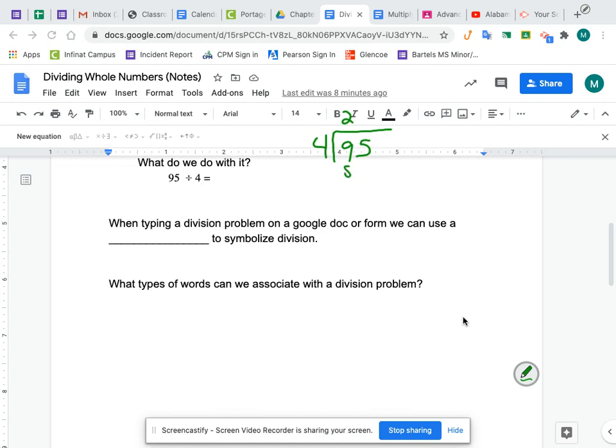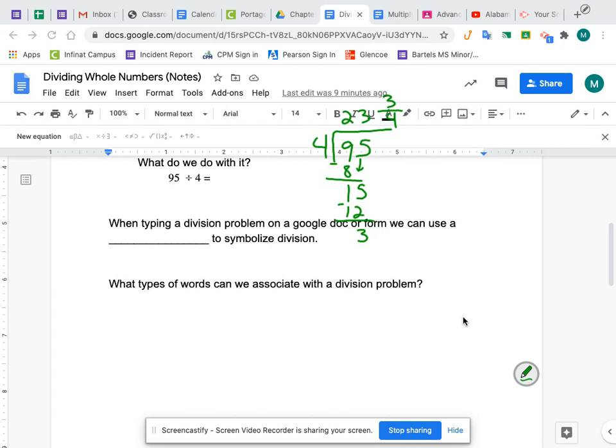So I get 8, and I subtract 1, 5. After I bring down that 5, 4 goes into 15 3 times, which is 12. So I have 3 left over. Well, what I'm going to actually do is I'm going to use that 3 to write a fraction with my divisor, so 3/4.